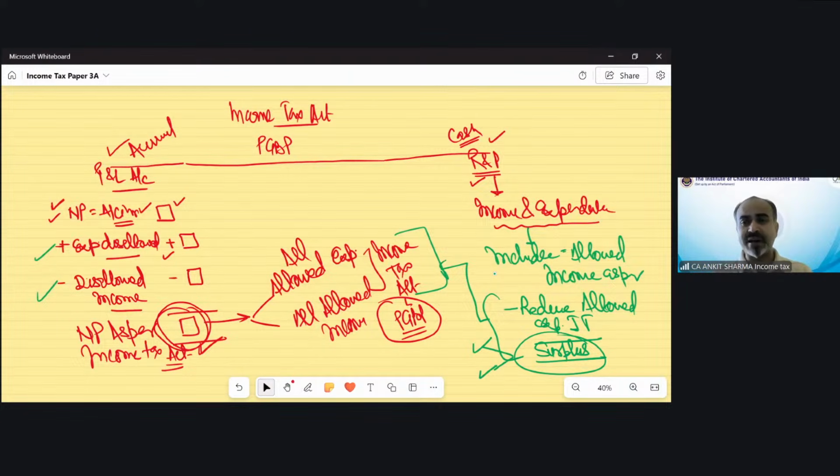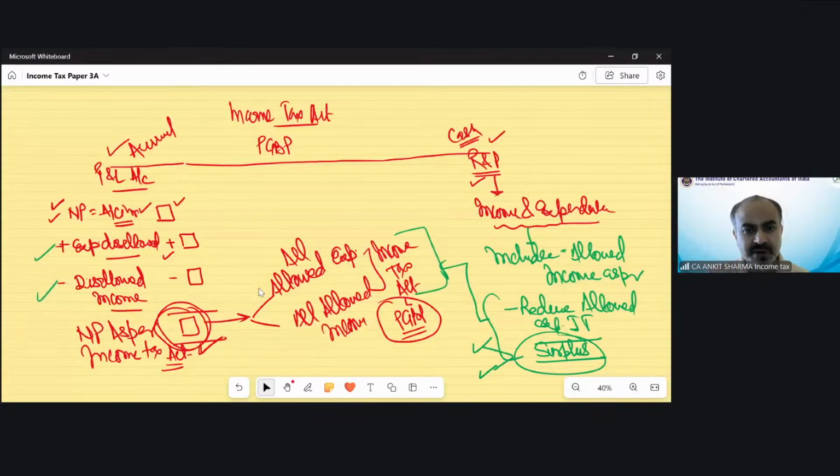So automatically the surplus will have the effect of all the allowed expenditure and incomes under the Income Tax Act under the head business. So you understand the concept and the result of both cases would be the same. Understood? Chalo. Now we will solve questions one by one.